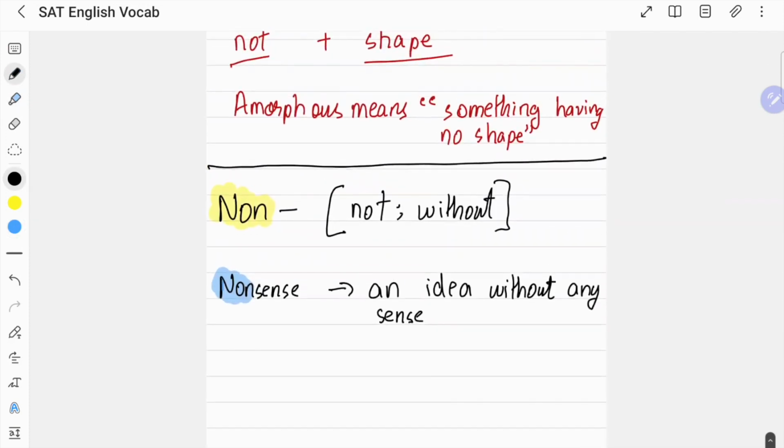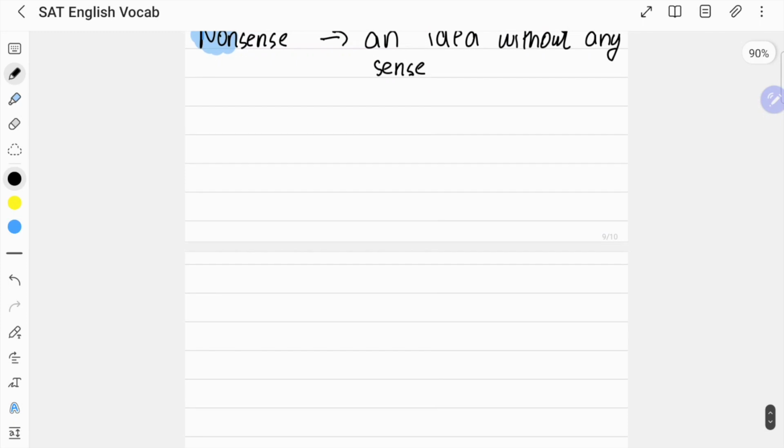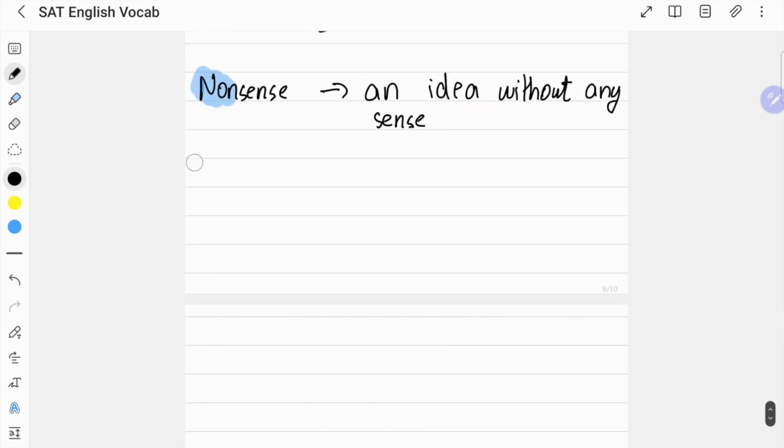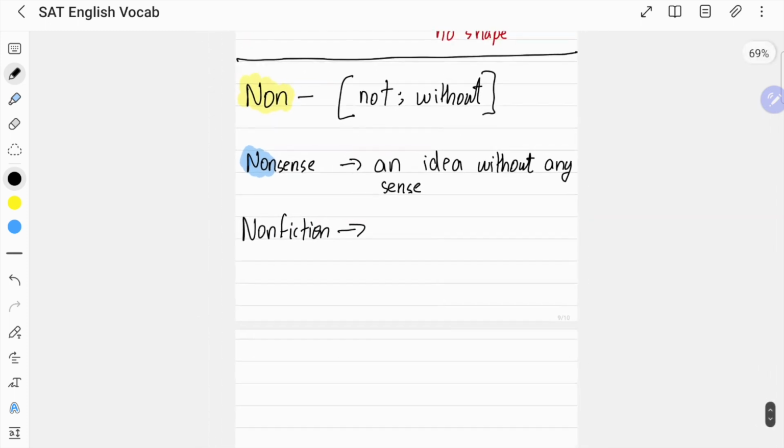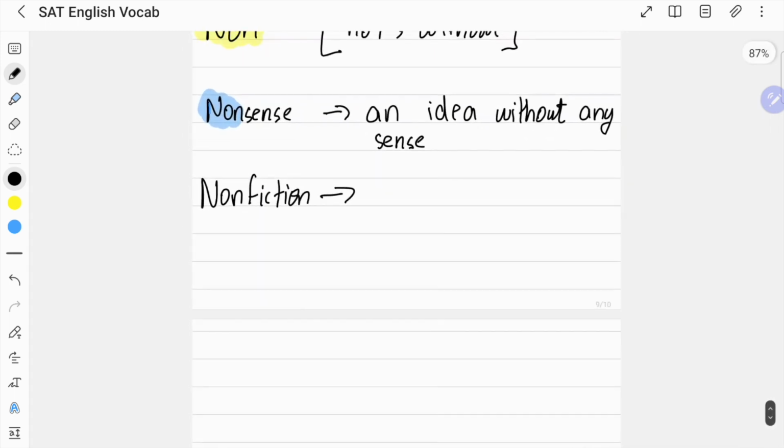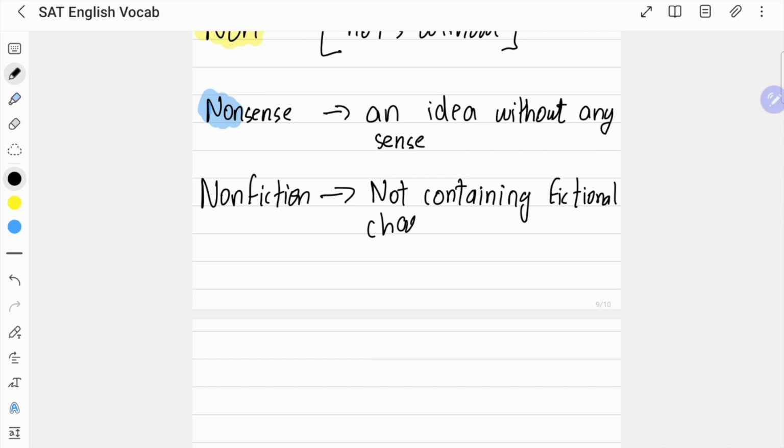Next word we can use is non-fiction. The word non-fiction means maybe a type of writing not containing any fictional characters, so not containing fictional characters.